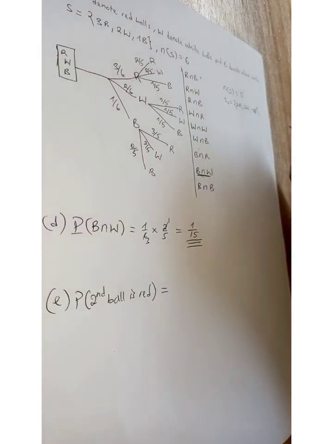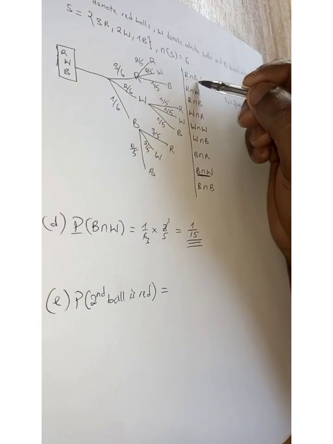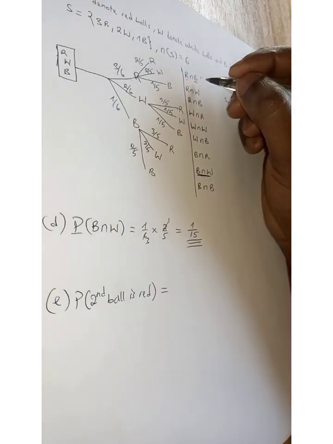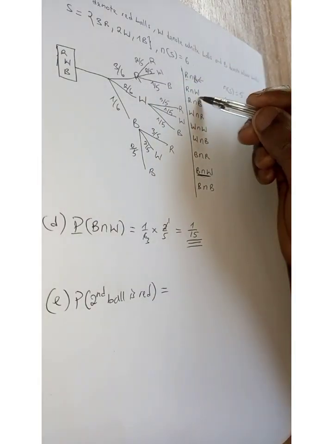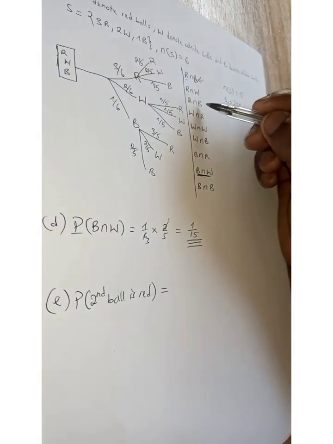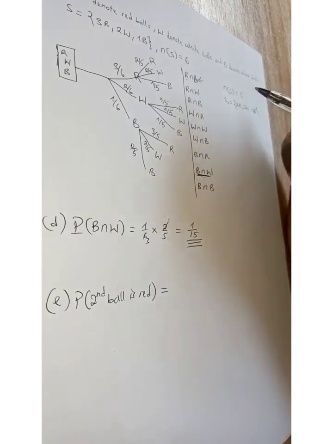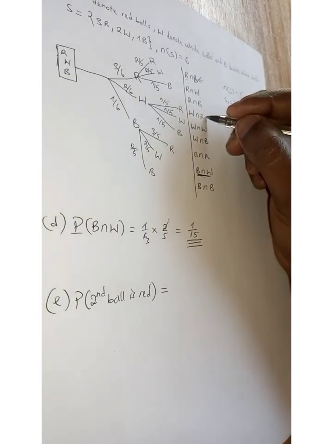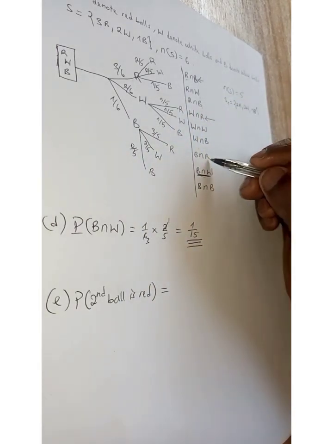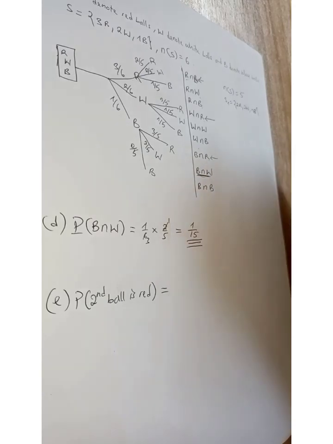So here we are going to have this particular event has the second ball as red. So we'll take it. This one, the second ball is not red, so we'll not take it. This one, the second ball is blue, we'll not take it. This one, the second ball is red, we'll take it. This one, the second ball is also red. I think that's all. So we have 3 of them.